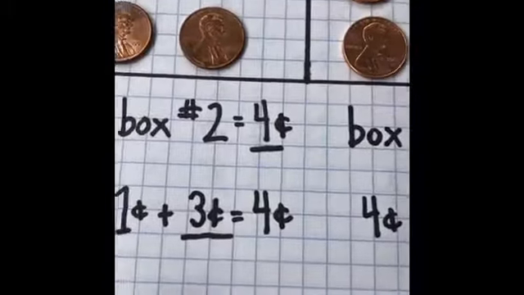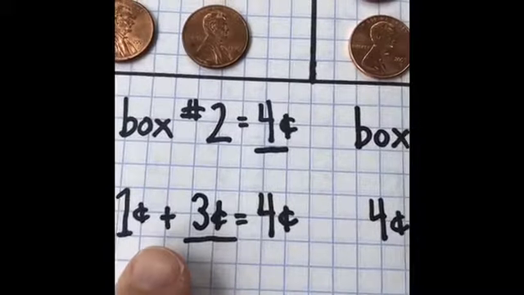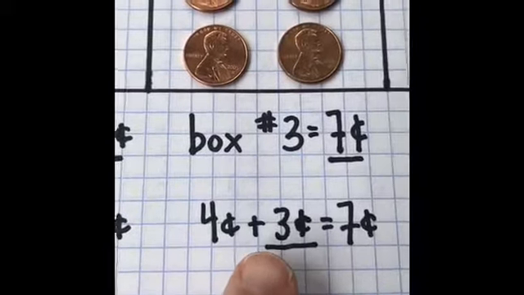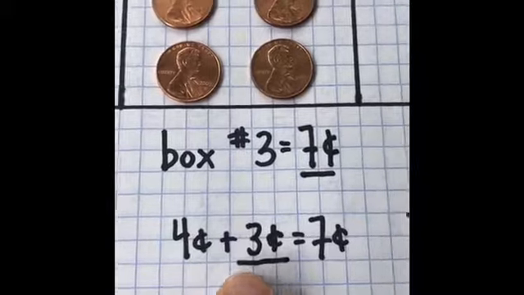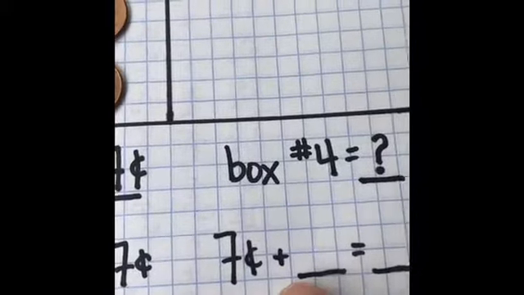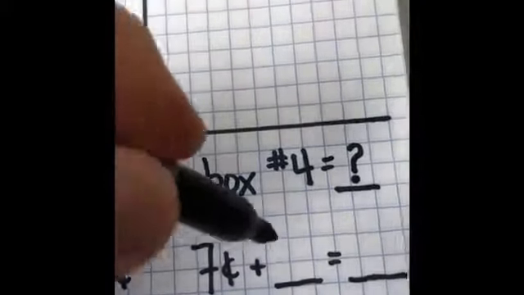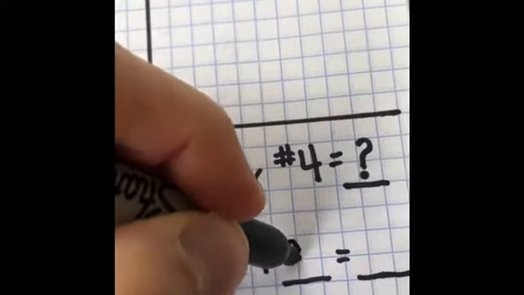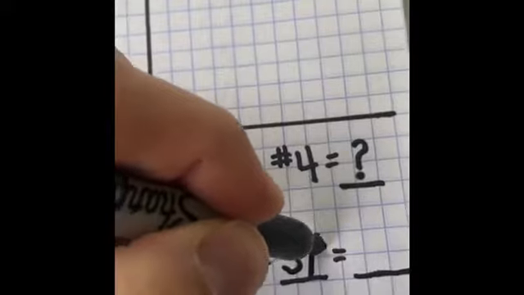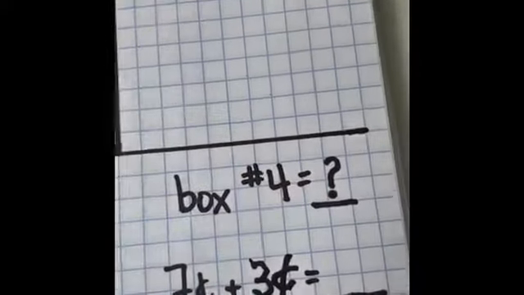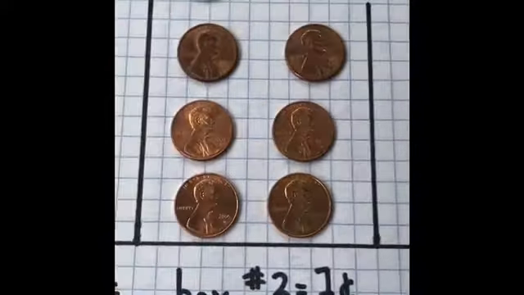So I've added 3 cents here, and I've added 3 cents here. Let's add 3 cents right here. If I have 7 cents, and I add 3 cents, let's use our pennies.